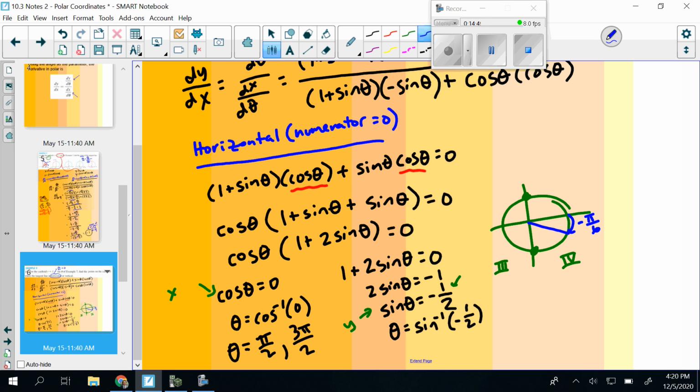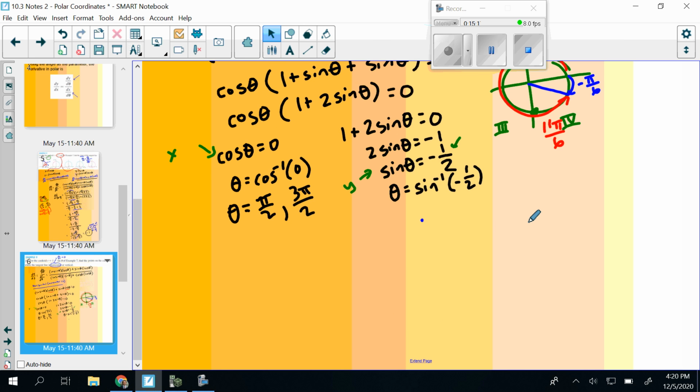In terms of positive angles, angles that would be between 0 and 360, if we go around the circle the other way, that same angle would be 11 pi over 6, because you take pi over 6 and subtract from 2 pi. So one possible answer for this one would be that the angle is 11 pi over 6.